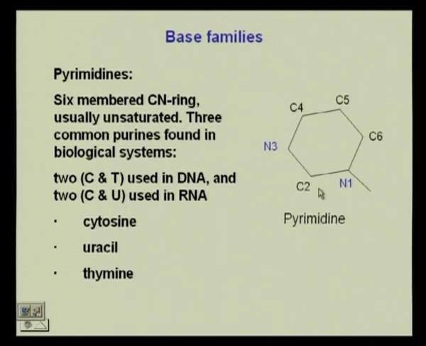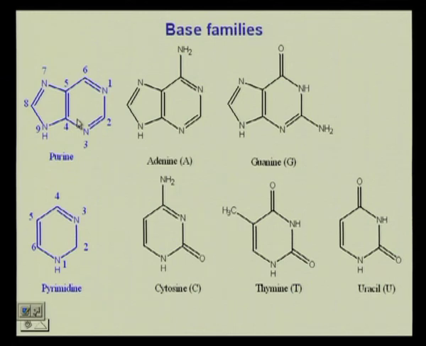Okay. So, we have the purines and the pyrimidines that are going to form the nitrogenous bases of the nucleotides that are going to be attached to the sugars in the nucleotide structure to form our nucleic acids. So, these are our purines and pyrimidines. These are the definite structures.